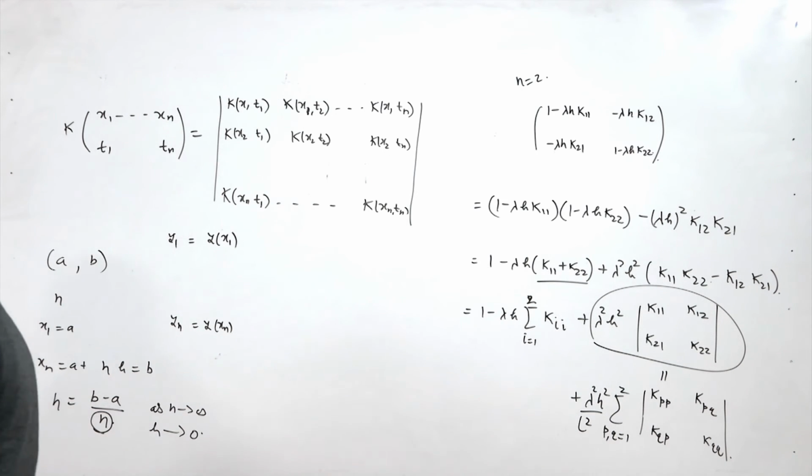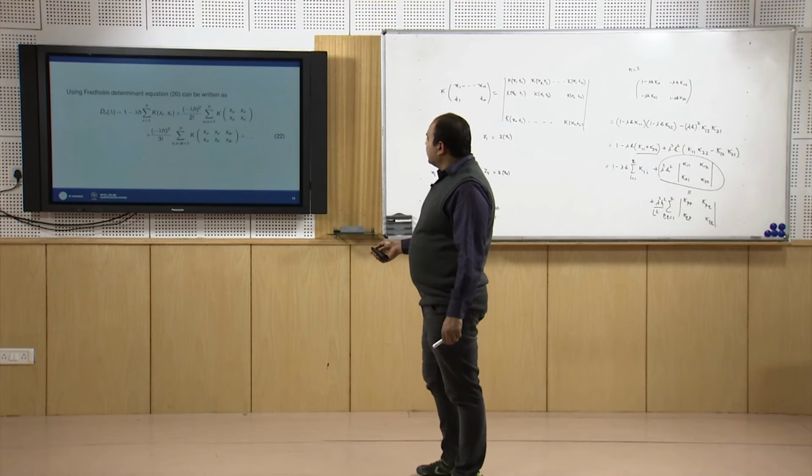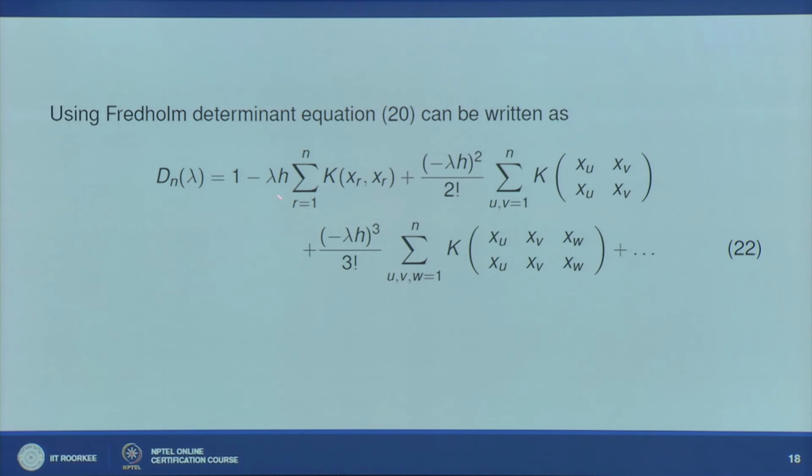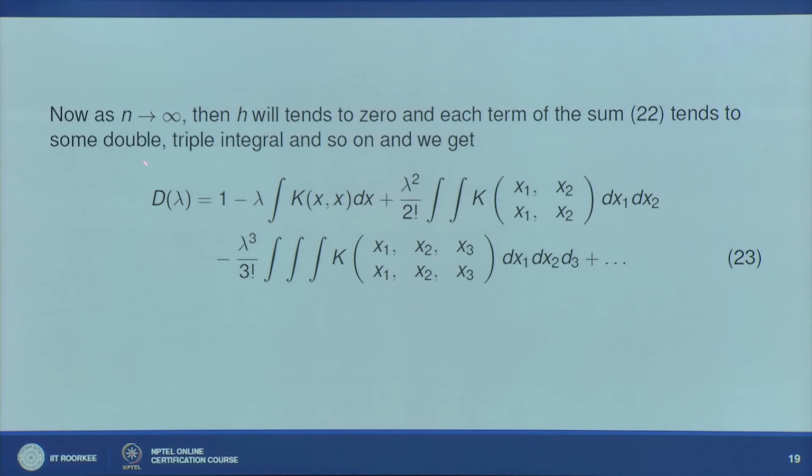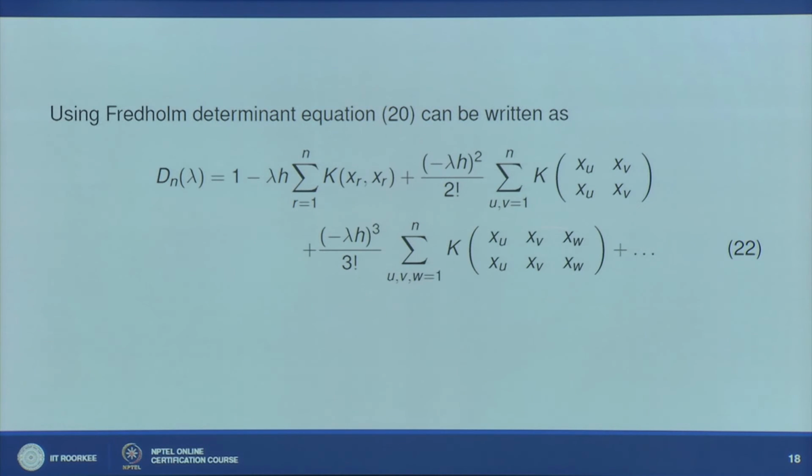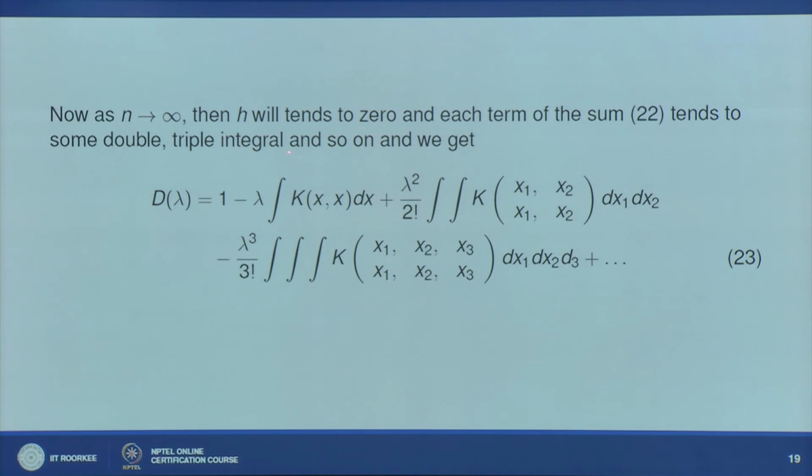In that case we want to show that for Dn(lambda), with h tending to 0 and n tending to infinity, the finite sum goes to an infinite sum, converging to a limit: the first sum becomes an integral, the double summation becomes a double integral, and so on. Each term becomes a double, triple integral and so on.